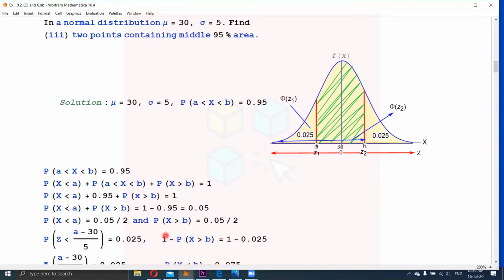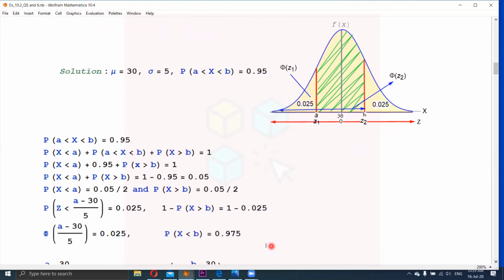So we will subtract 1 from both sides, left hand side and right hand side. We are subtracting 1 from each side. And in this equation, 1 minus the greater area, X greater than B, will give us the probability X less than B. And 1 minus 0.025 gives us 0.975.